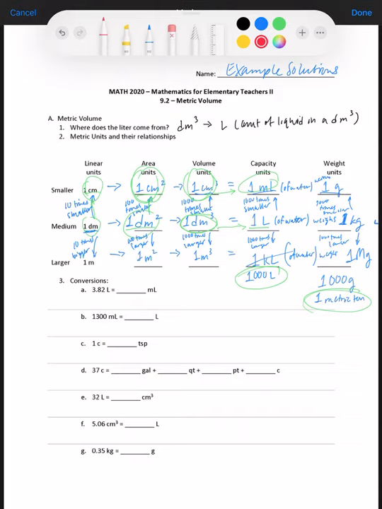The key relationship that we will get to eventually is converting from liters to centimeters cubed.